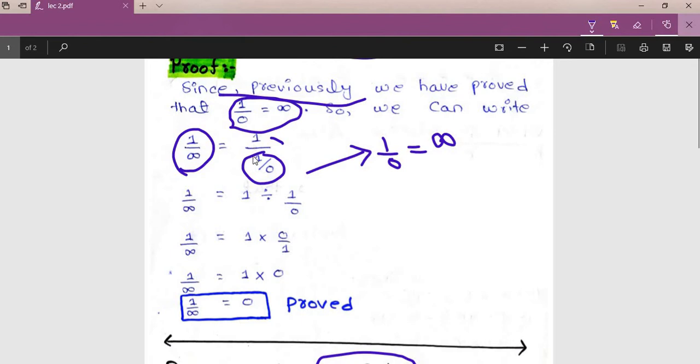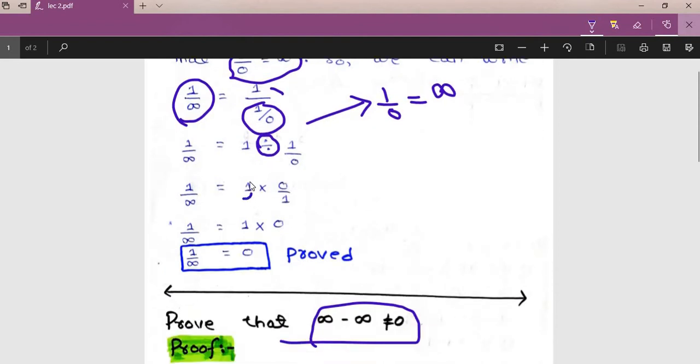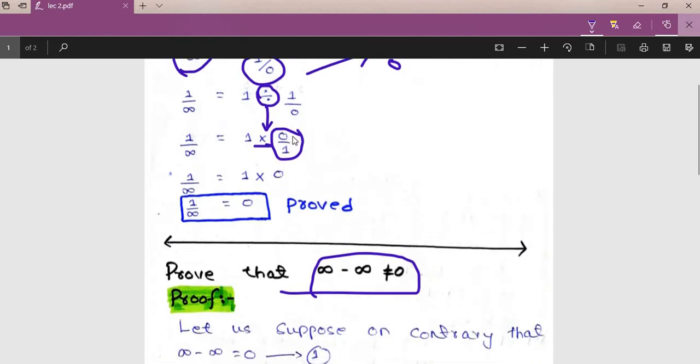So this further implies that 1 divided by 1/0, and similarly, 1 multiplied by 0 by 1, like division, we have just changed it, you know that. So 0 divided by 1 is equal to 0.